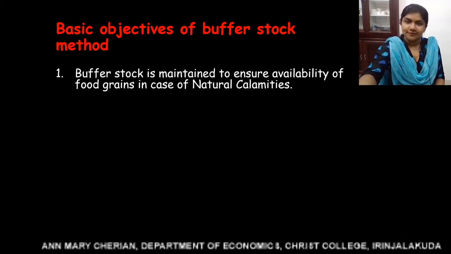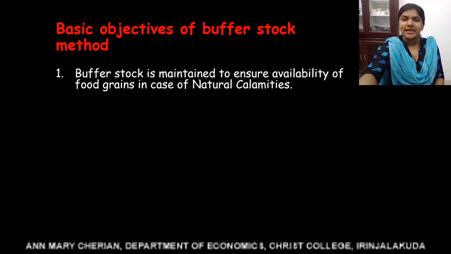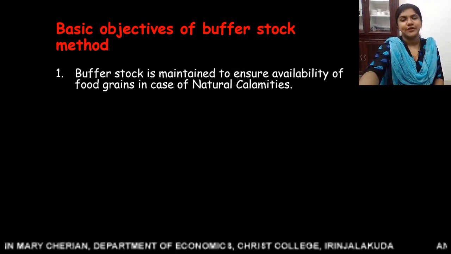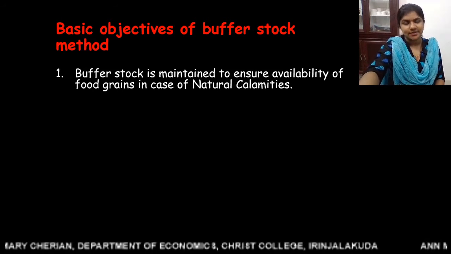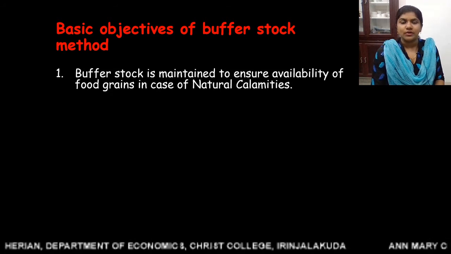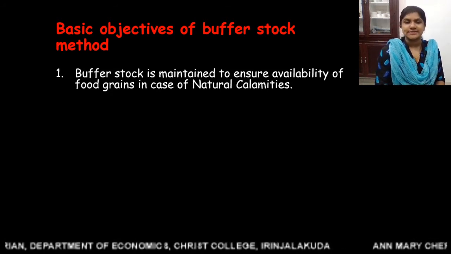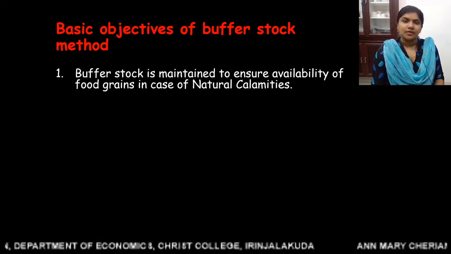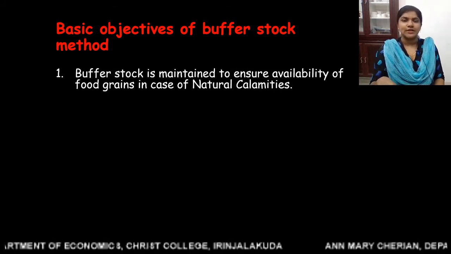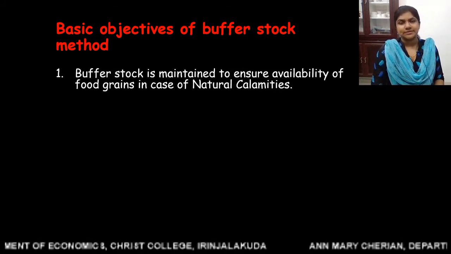First objective, buffer stock is maintained to ensure availability of food grains in case of natural calamities. So, in case of natural calamities like drought, flood, etc., there will be scarcity of food products or farm products in the market.